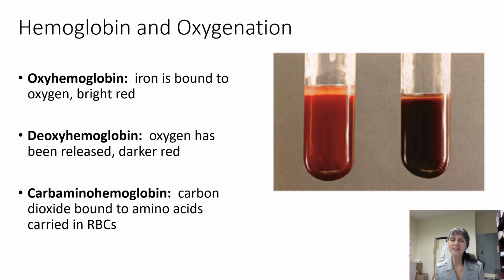That's what we find in venous blood because it has released its oxygen, and then when carbon dioxide binds to amino acids in hemoglobin, it's referred to as carbaminohemoglobin. And remember we said that carbon dioxide can bind to hemoglobin. Hemoglobin is a protein made up of amino acids, so the carbon dioxide actually binds to amino acids in hemoglobin.